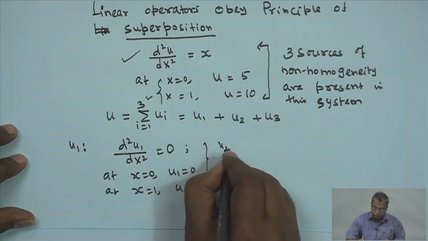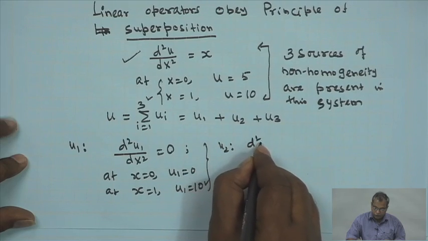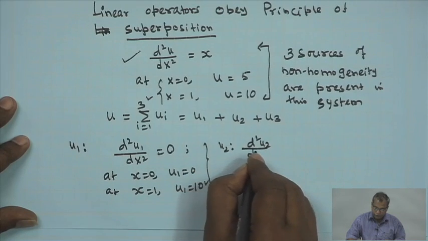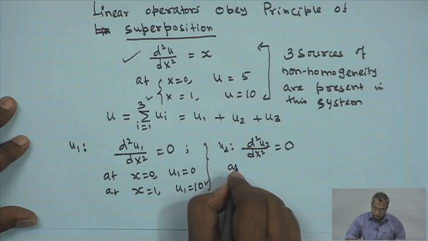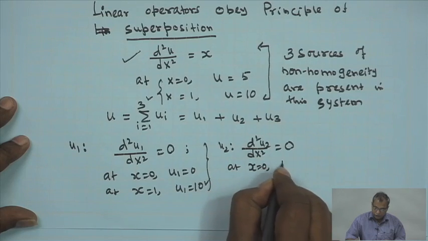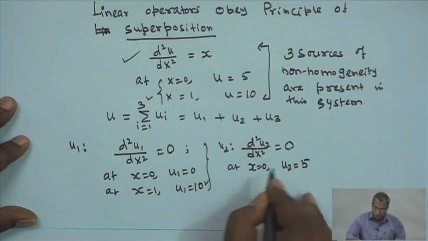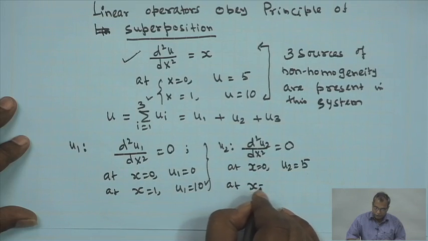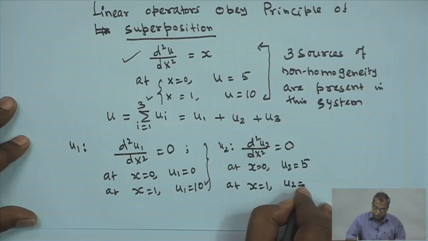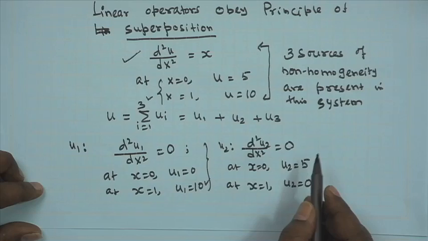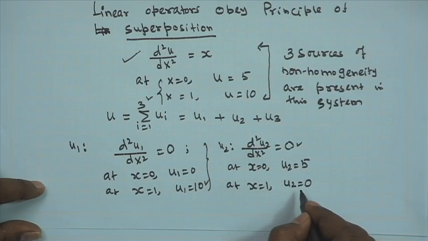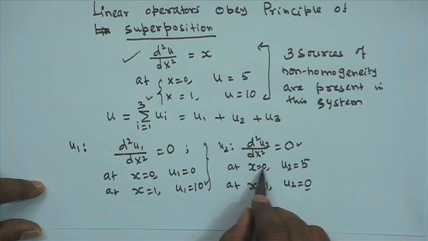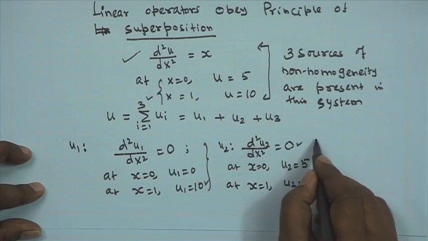What is u2? d squared u2/dx squared will be equal to 0. At x equal to 0, u2 is equal to 5, and at x equal to 1, u2 is equal to 0. Here I am forcing the non-homogeneous term in the governing equation and the boundary condition at x equal to 1 to vanish, keeping the non-homogeneity at x equal to 0.